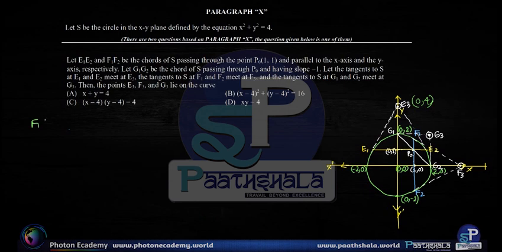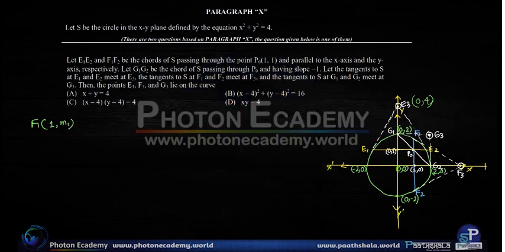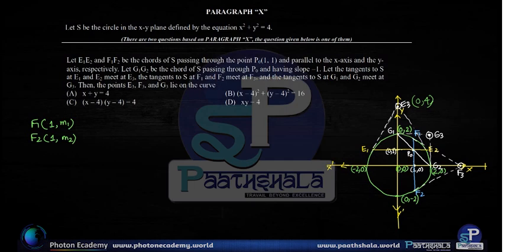F1 can be represented as 1 comma some m1, which is the y coordinate, and F2 can be represented as 1 comma m2. Now 1 comma m1 and 1 comma m2 lie on the circle. So if we fit them in the equation of the circle, we get 1 square plus m1 square is equal to 4. That again gives m1 is equal to plus or minus root 3.